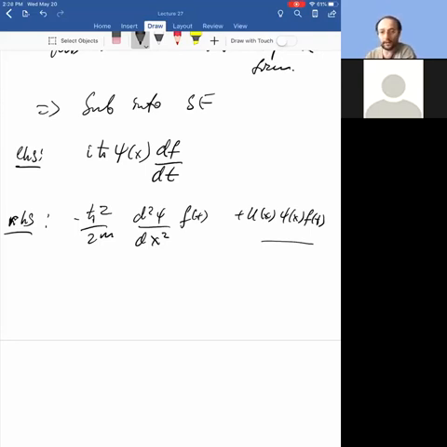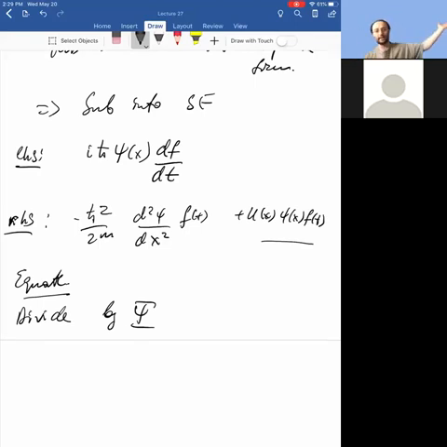Okay, and so you equate the two things, and then divide by the wave function itself. Remember, we used that trick. We substituted the variable separable ansatz, and then we divided the whole thing by psi.